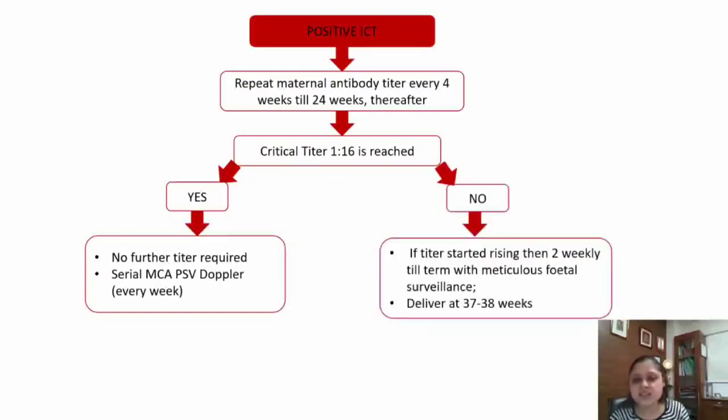Now what happens if the titer is less than 1 is to 16? If the titer is not rising, then we are going to check it 2 weekly till term, along with meticulous fetal surveillance, and the fetus should be delivered by 37 to 38 weeks. Now let us take a great look at the middle cerebral artery peak systolic velocity Doppler findings, because the further course of management in such cases is important to understand.